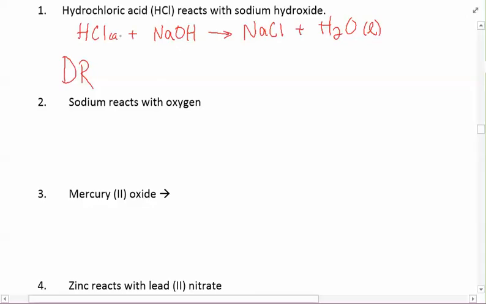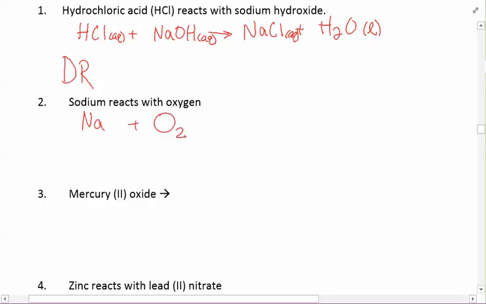So we'll have AQ, AQ, AQ. Now, this is something we need to do for double replacements. Other reaction types, the solubility doesn't play as big of a role, and if you need to, the problem will specify.